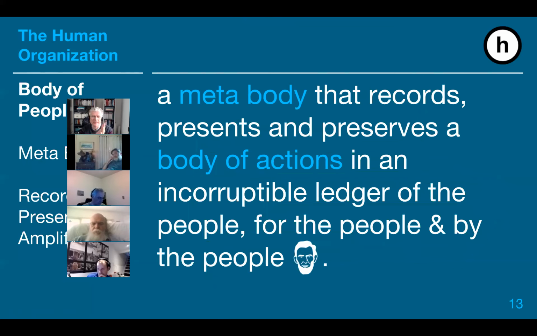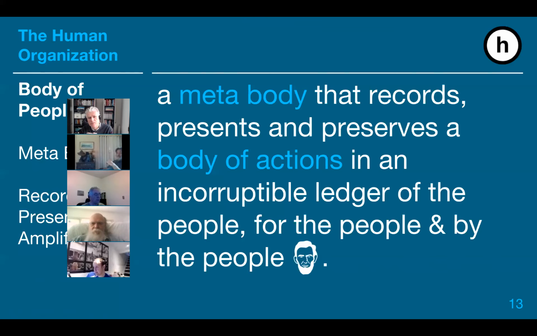This meta body, again, I don't want to call it an organization, but the function is a way to record, present, and preserve a body of actions. So that's the second piece of it, right? If you recall, the body of people on one side, and then the body of actions as the other side.